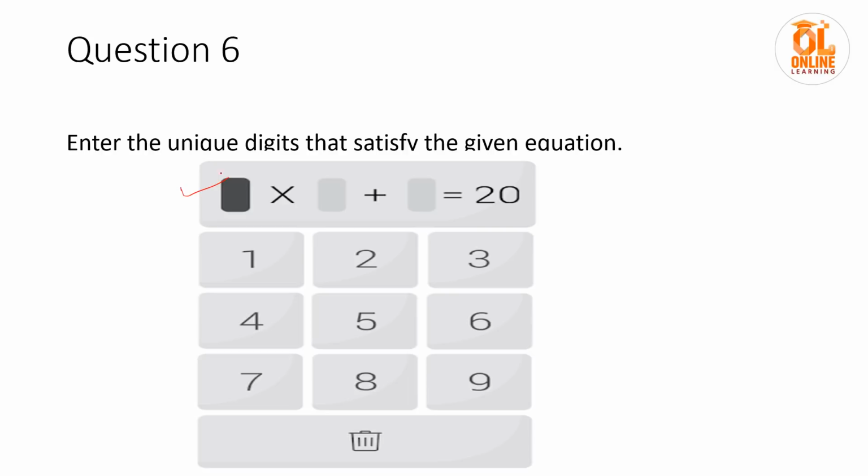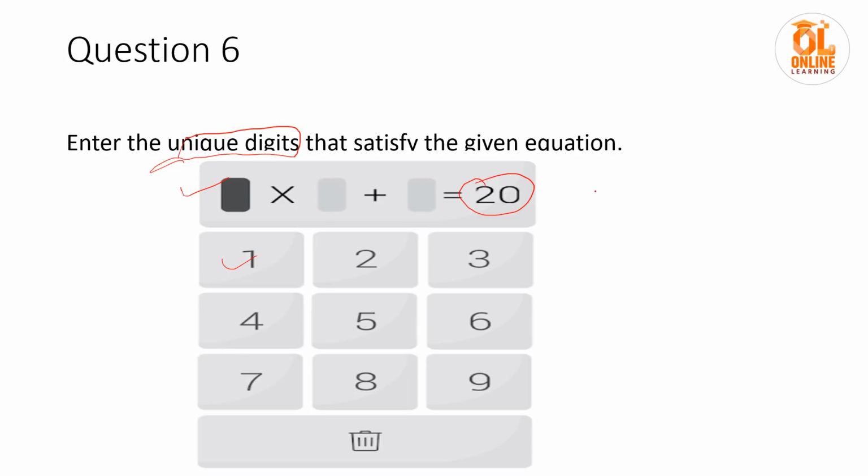This is of different type, so first you have to use those numbers by making which this equation will satisfy, and your answer will become 20. Also you have to read the question carefully. It is given you have to use only unique digits.